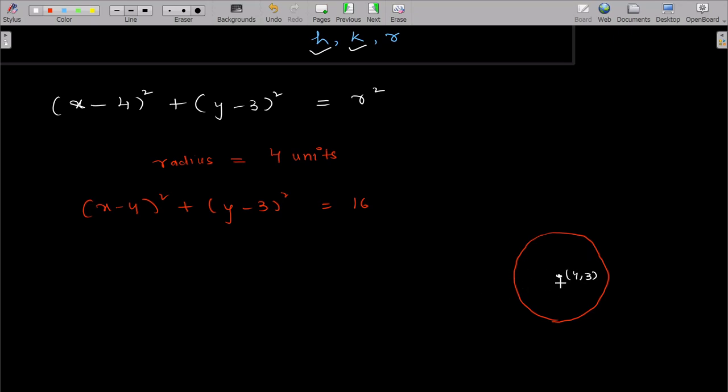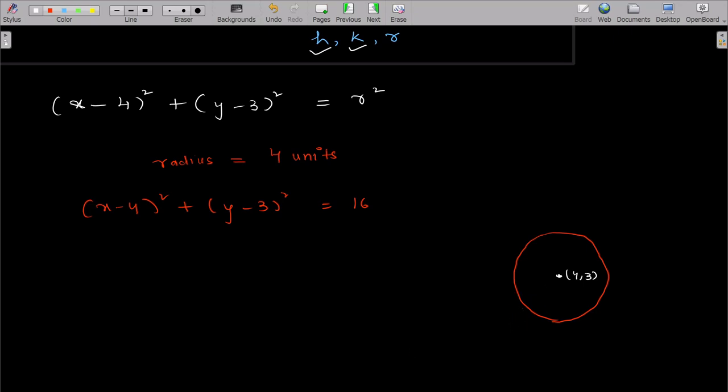Okay, so this means that this point is 4 units away from the origin, let's say this is the origin, and 3 units up. So it has to be in the first quadrant, right?